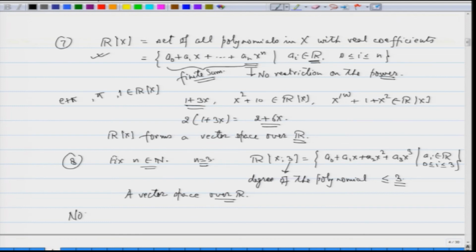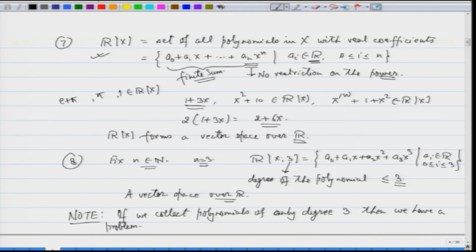Note, if we collect polynomials of only degree 3, then we have a problem.